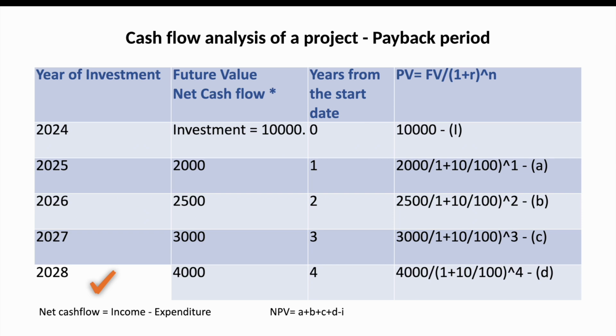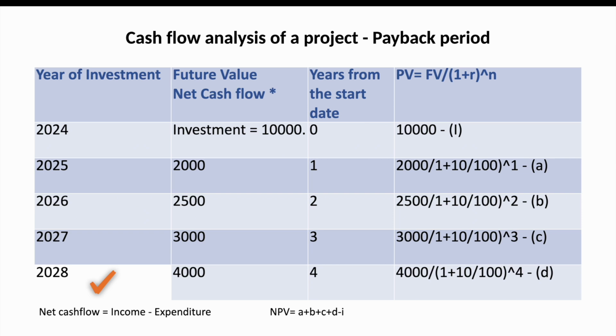If we take the same cash flow analysis, we are making an investment of 10,000. In which year will we be able to take out that 10,000? Most probably by year 2028, we should be able to take that initial investment out of the project.